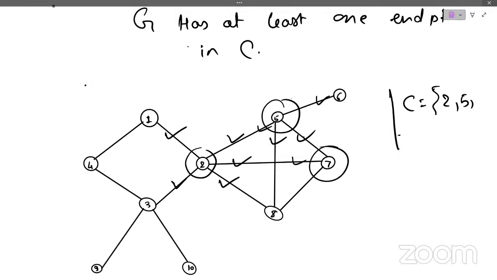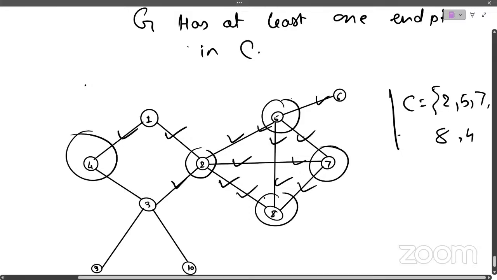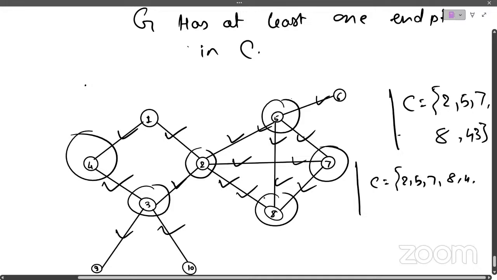Similarly, I select 7, then these 3 edges are also covered by 7. Then I select 8, then these 2 edges are also covered. Then I select 4, which will take care of these 2 edges. Then I select 3, which will take care of these 2 edges. So I get my C to be the set 2, 5, 7, 8, 4, and 3.